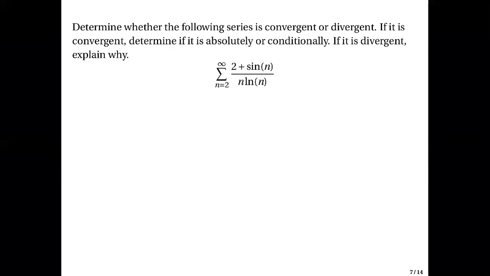Since sine n in absolute value is less than or equal to 1, this 2 plus sine n is greater than or equal to 1, but less than or equal to 3.